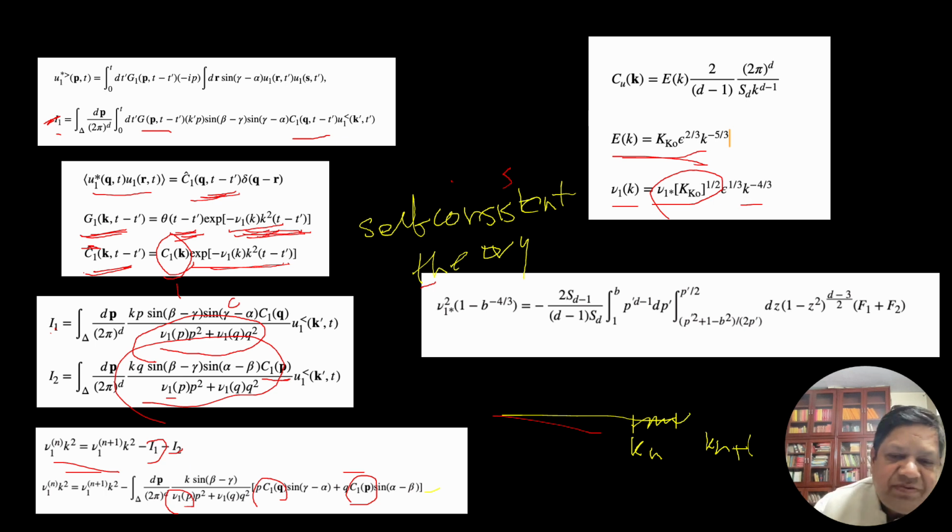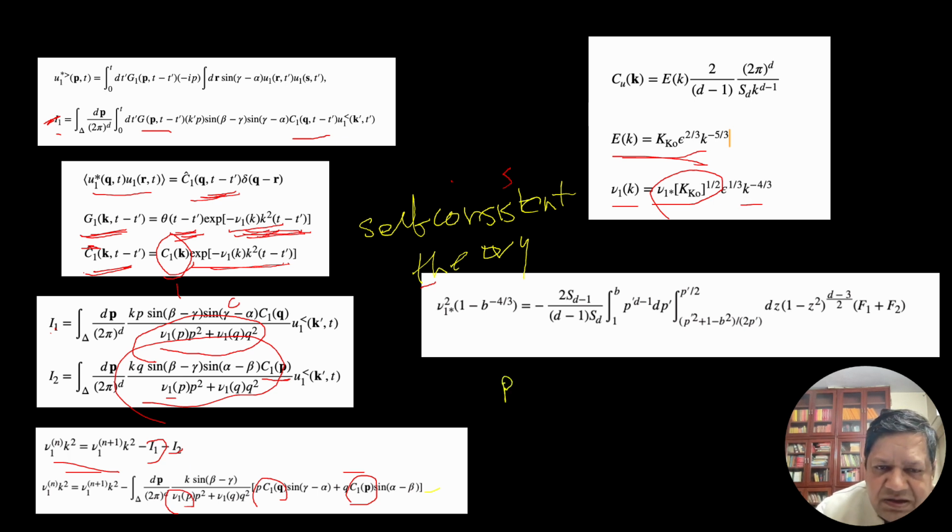Okay, so to simplify the algebra, or to do things in a concise and compact manner, we make a change of variable. So we make a change of variable, saying that p is kn times p prime, and q is kn times q prime.